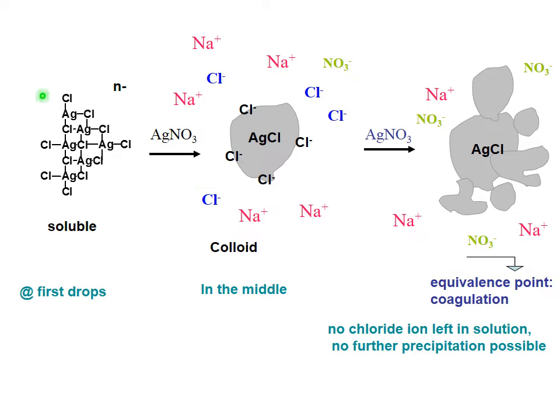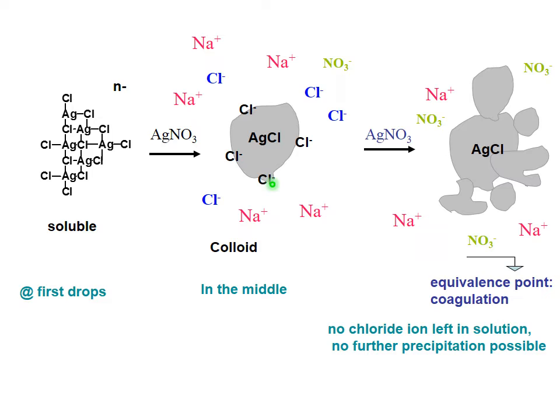Next, these particles grow, so you have an AgCl crystal inside, actually maybe multiple crystals, but still the surface will be covered with chloride. Why? Because there is more chloride than silver, and the only common ion is Cl-, so it will adsorb on this surface.